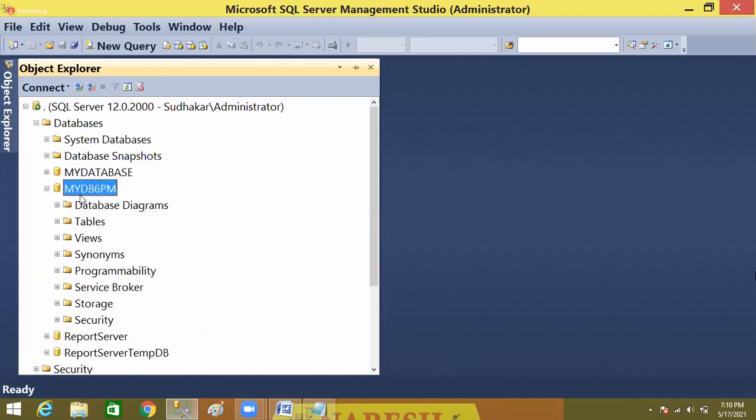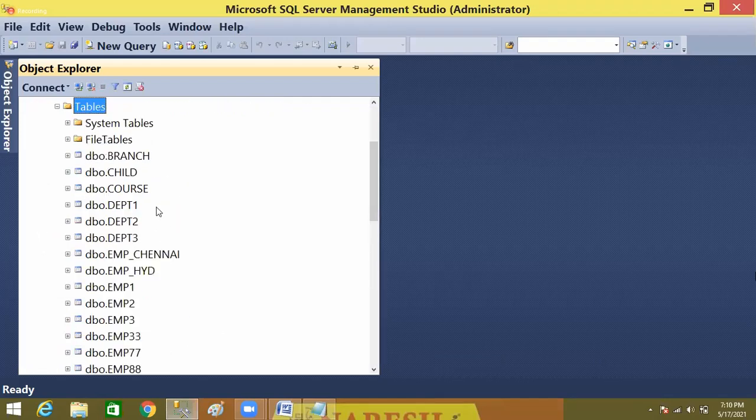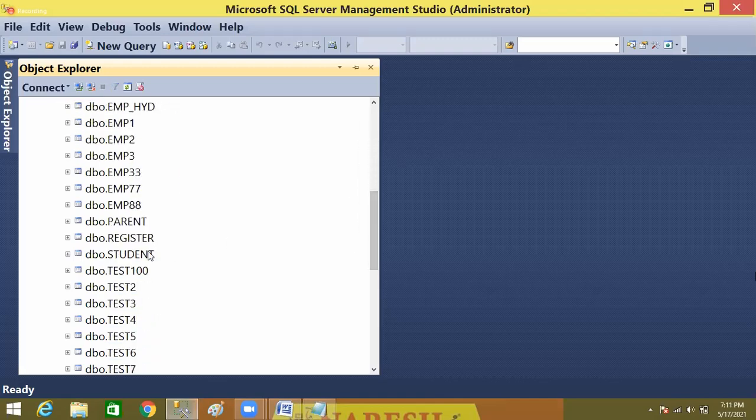In the same way, in MyDB 6 p.m., here also we created a course table, so course related information we are storing. Student table, student information we are storing. Registration table, student to course registration. These three tables' data, can I store into one table now? Yes or no? But we can't store. Why?